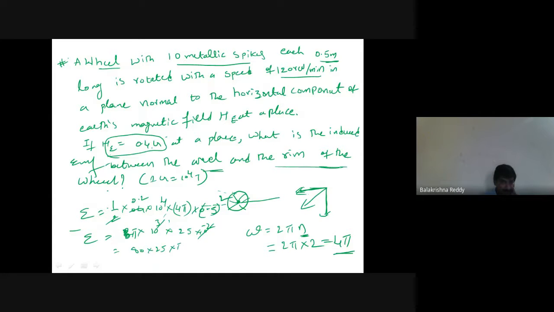Of course, 80 into 25 can be written as 2000.